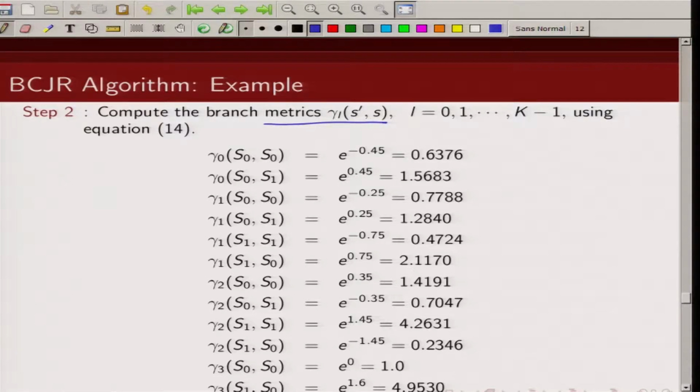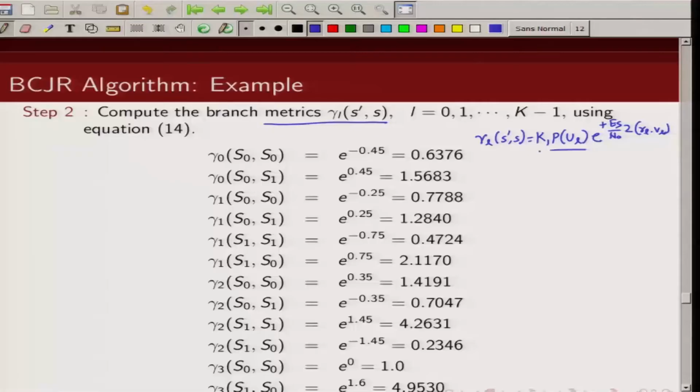If you recall, for the AWGN channel, we showed that this branch metric can be written as some constant, let us call it k1, times the a priori probability of UL, and we have exponential of Es by N naught over 2 times RL dot VL. Now, in this particular example, we are assuming that a priori it is equally likely to be plus 1 or minus 1.